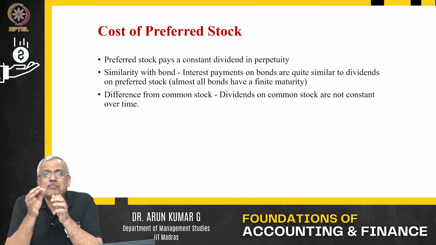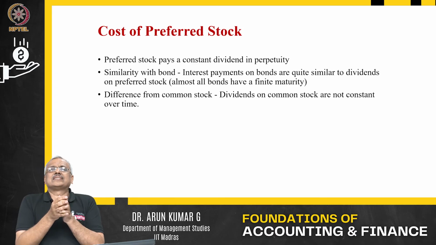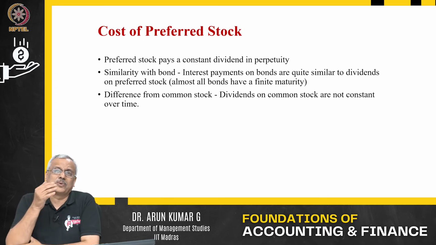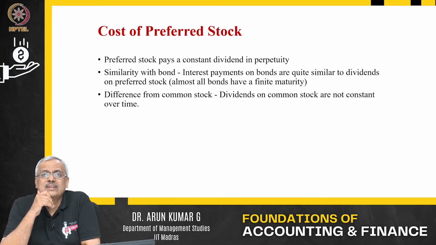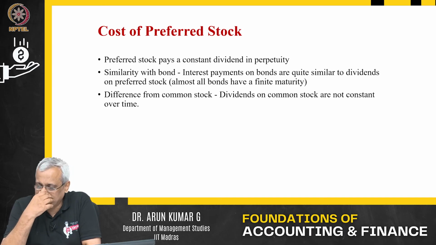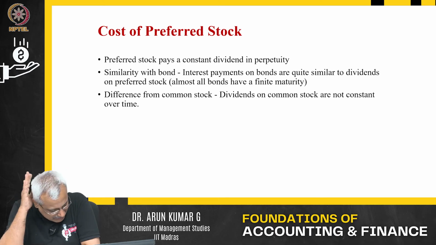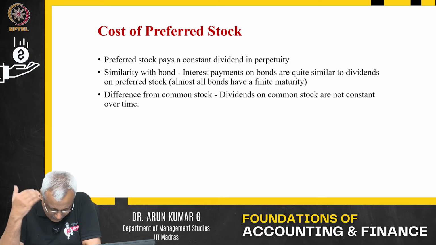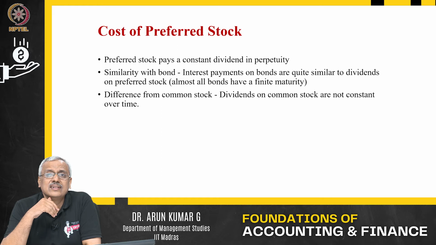Next I talk about preferred stock. There are stocks which are given as preference shares. You are not equity, you do not have voting rights. You are a preference shareholder, it comes next to the debt in terms of settlement at the time of dissolution, etc. That is after the debt.